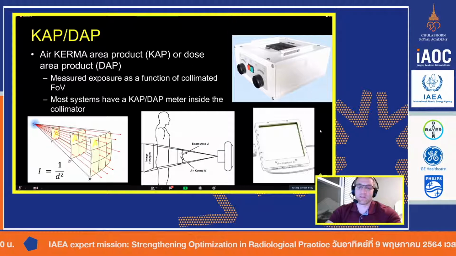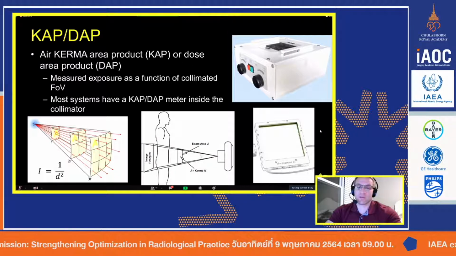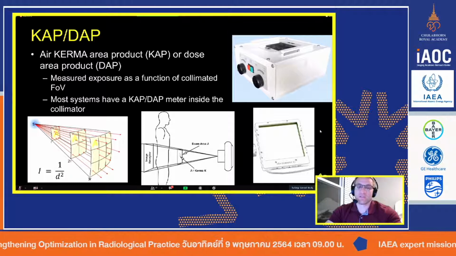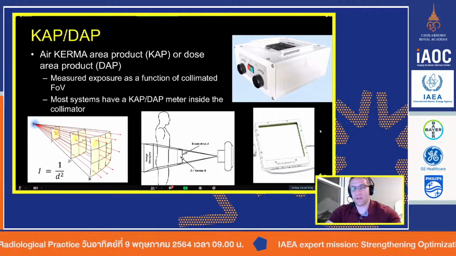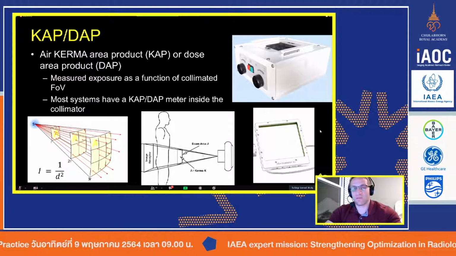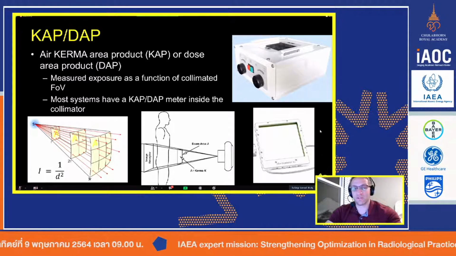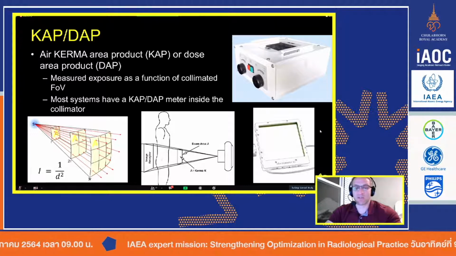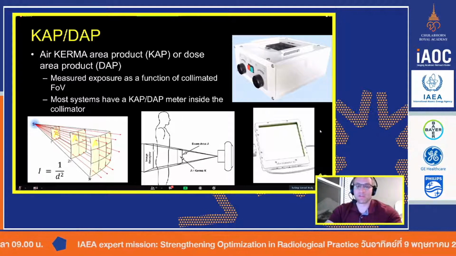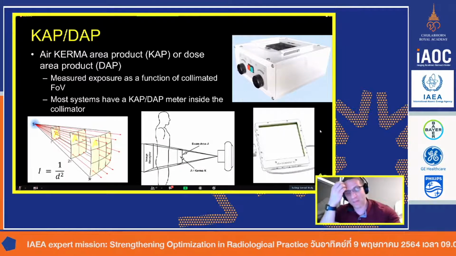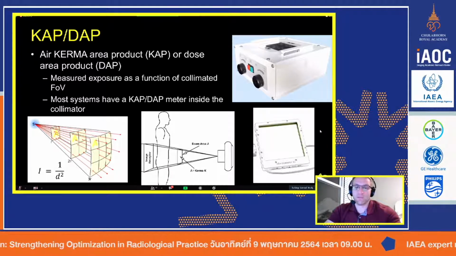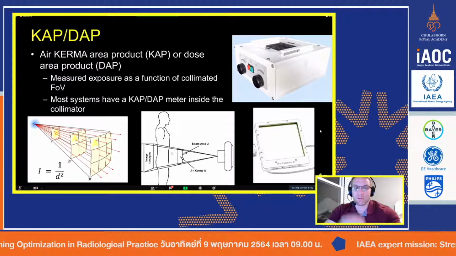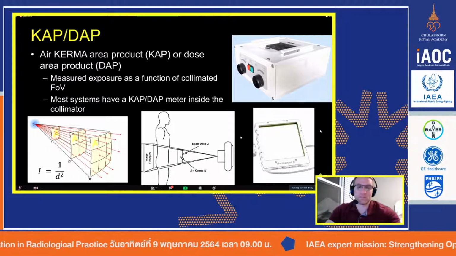Photon count is lower here than it is here, but the area is larger here than it is here. And so the nice thing about CAP or DAP that is displayed on your system is that it is the same from the source to the point of entrance. Obviously, CAP is going to be different below that because of attenuation characteristics of the patient and scatter effects from the patient. But for that region from here to the entrance point, the CAP and DAP is the same.